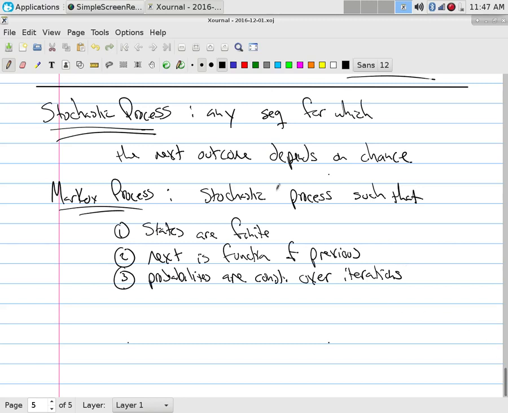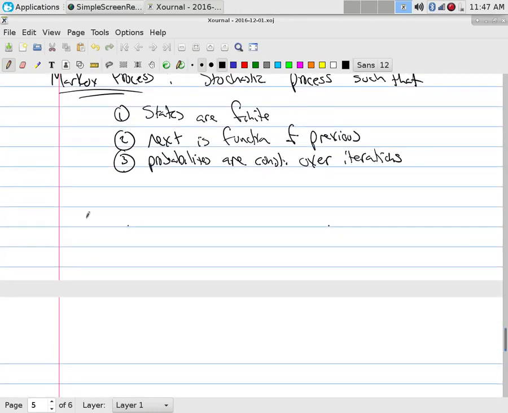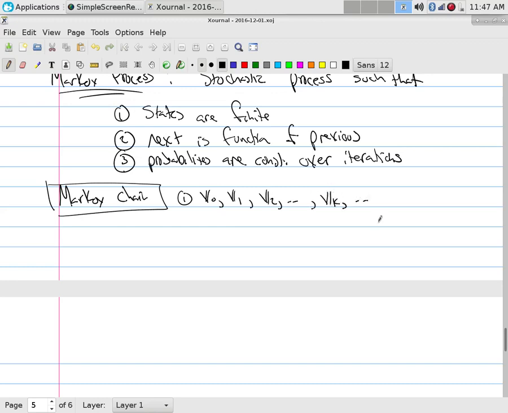Okay, let's look at a particular Markov process that we've already done since the very first beginning of this class. And so a Markov chain. A Markov chain is made up of, one, we have this whole V0 becomes V1, becomes V2, becomes VK, and moves on.